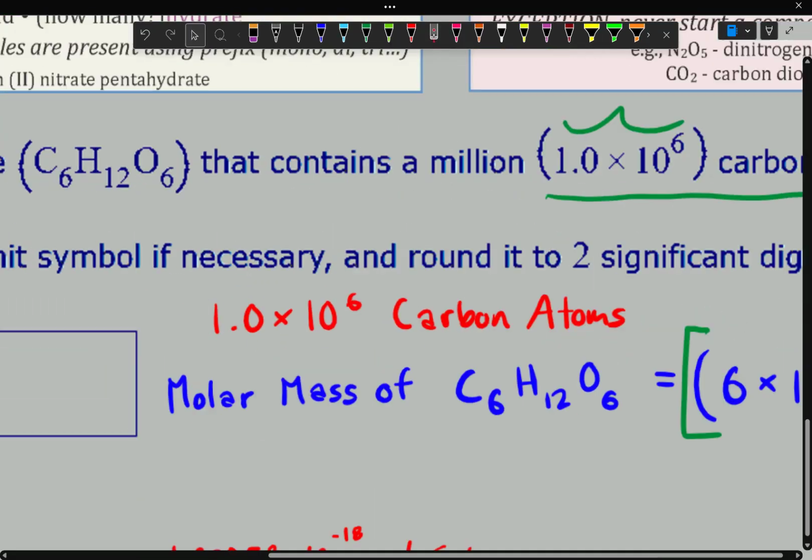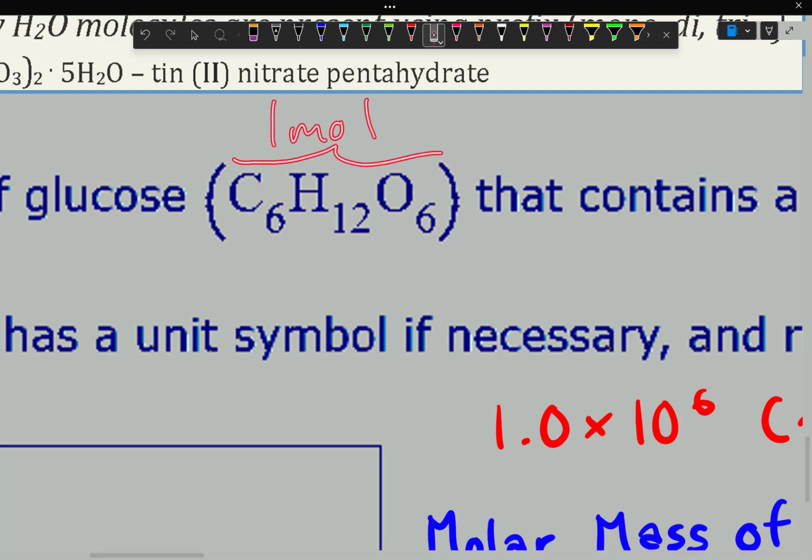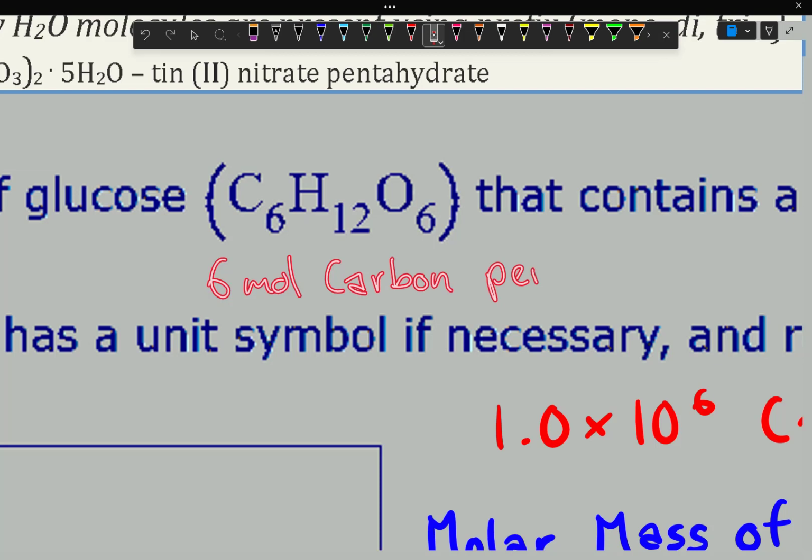Well, notice that for every 1 mole of glucose, we have 6 carbon atoms. That means there are 6 moles of carbon per every 1 mole of glucose.